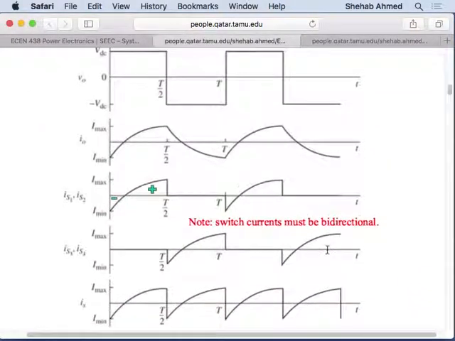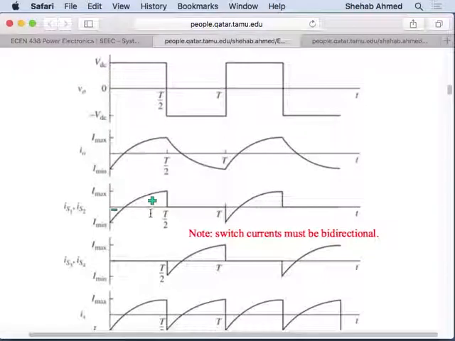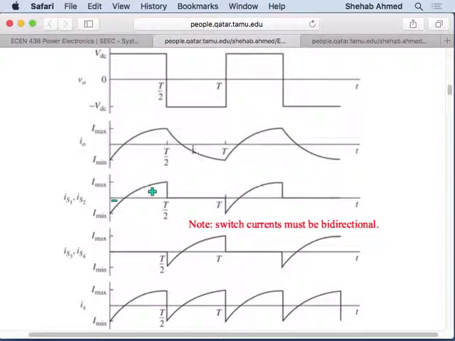Okay, so we talked about the currents being bidirectional. Again, this is the output current, and then if I want to see what switch currents look like, this is switch current IS1 and IS2, and then this is switch current IS3 and IS4, right?